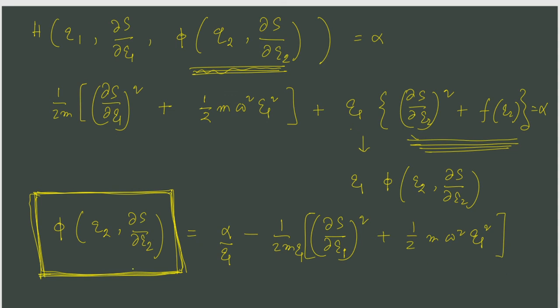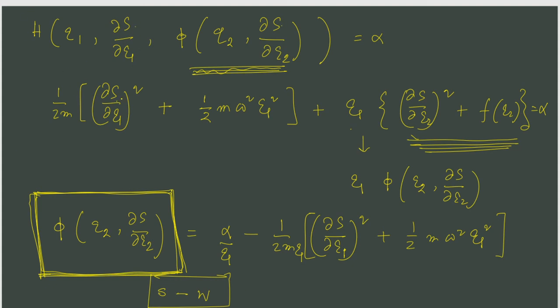So if these conditions are satisfied, then we can separately equate functions of q's and their partial derivatives of the Hamilton's characteristic function, in which case we shall replace s by w everywhere in this slide.